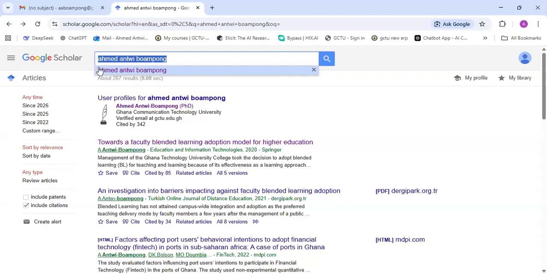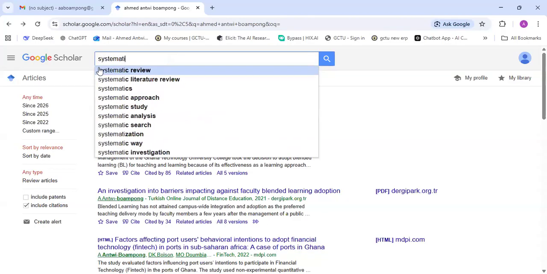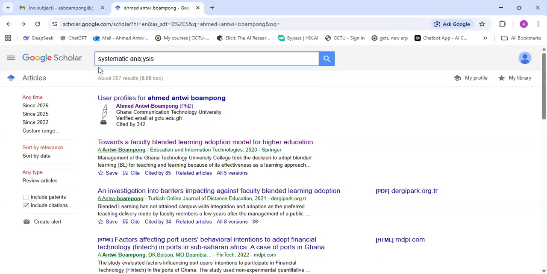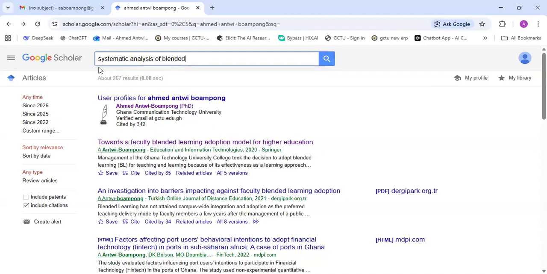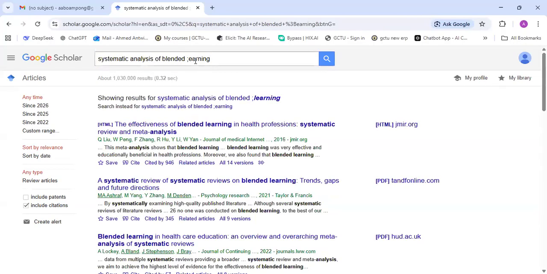So let me give you an example. Okay, so you see here a systematic review of blended learning, trends, gaps, and future directions.